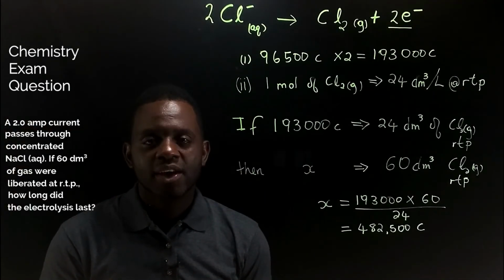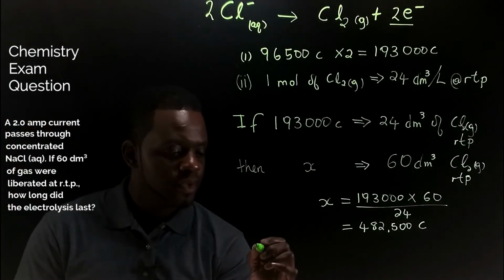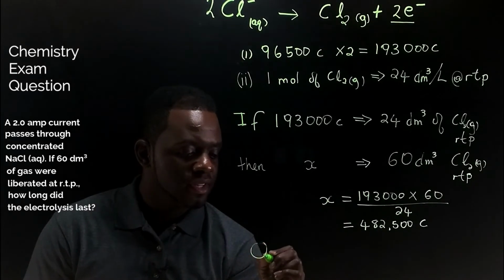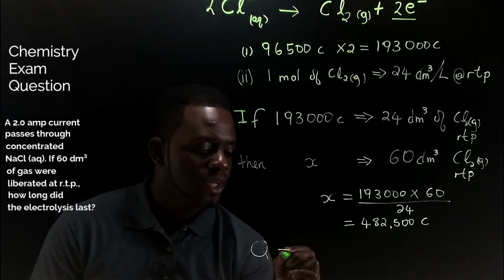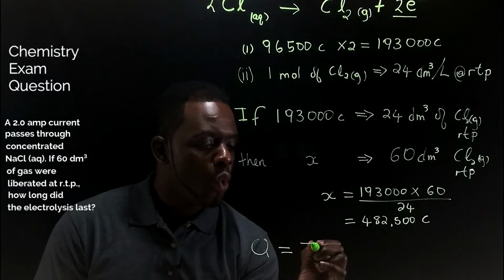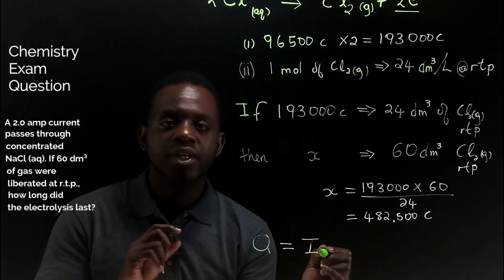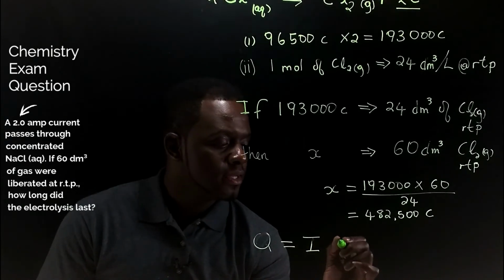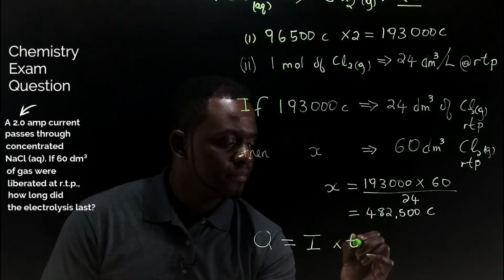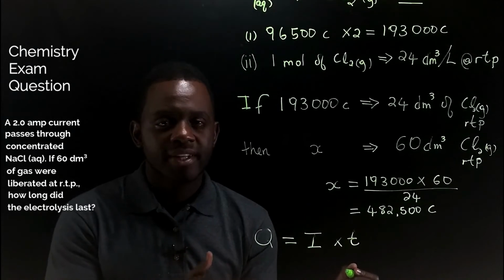And finally, we will use the equation coulombs of electricity given by the symbol Q is equivalent to quantity of electricity. In the question we're given that amount to be 2 amperes times time, and time will be given in seconds.